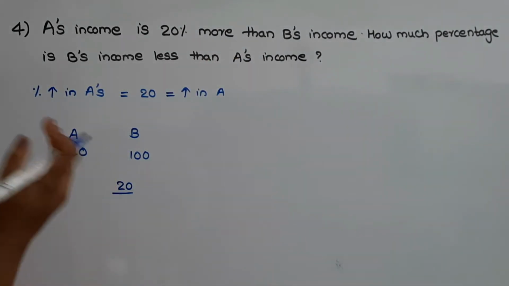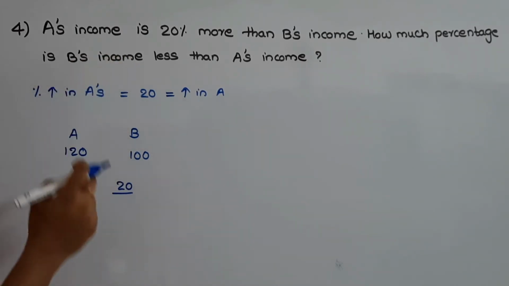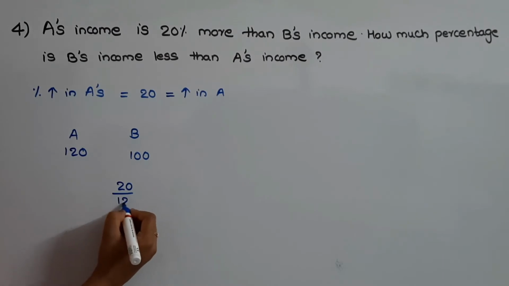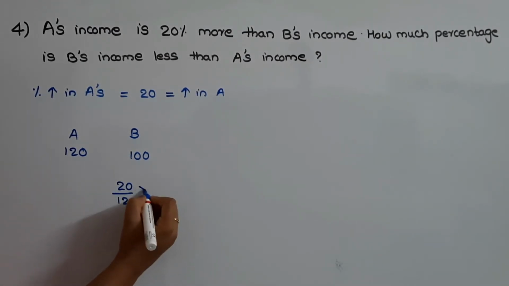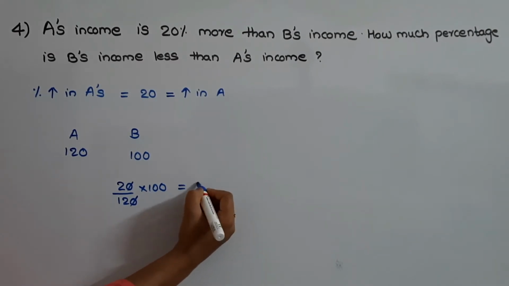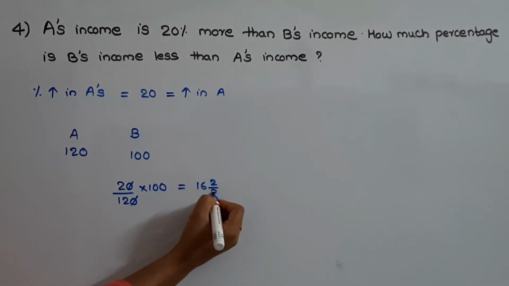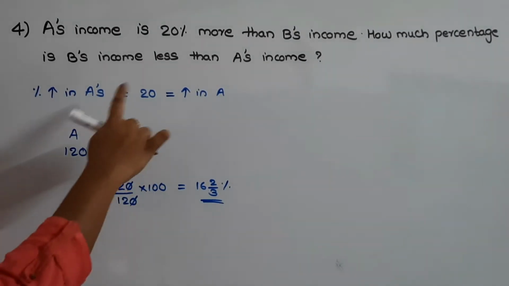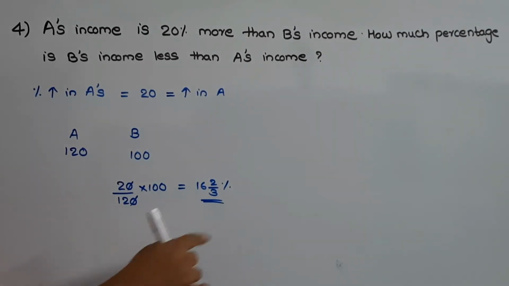So, here we need to write down 20 by 120 into 100. Okay. So, on solving this, you will get the percentage as 16 2 by 3 percentage. Okay. So, we can say that B's income is less than A's income by 16 2 by 3 percentage.